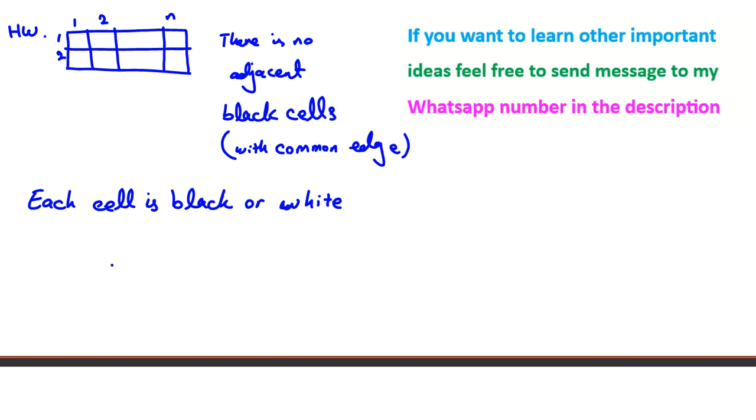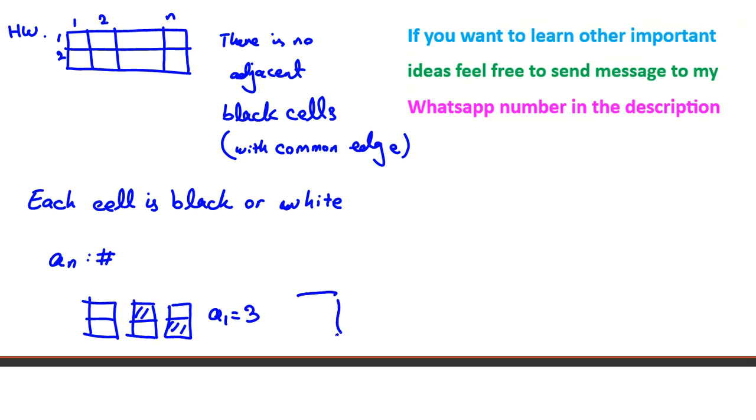And how many ways are there? A_n is the number of ways that we can do something like this. So for example, for 1, A1 is what? White white, black white, white black. A1 is 3. A2 is what? Empty.